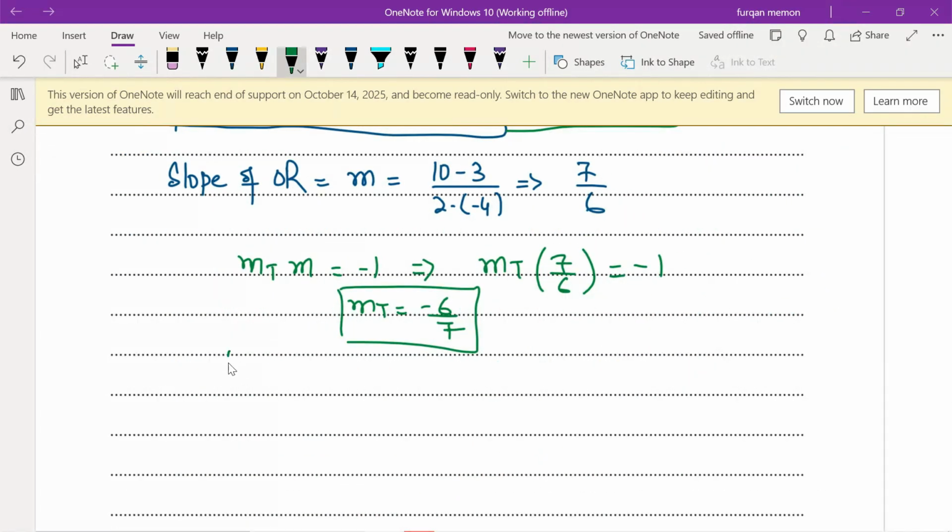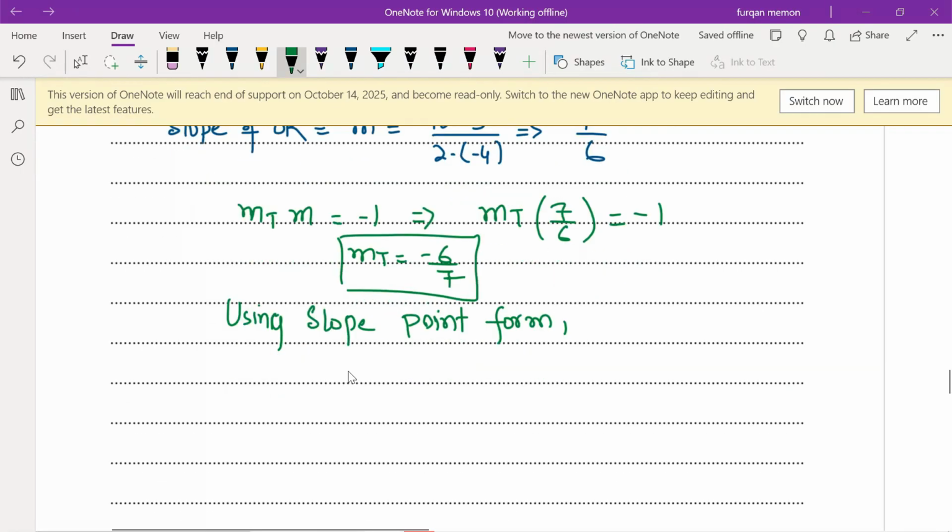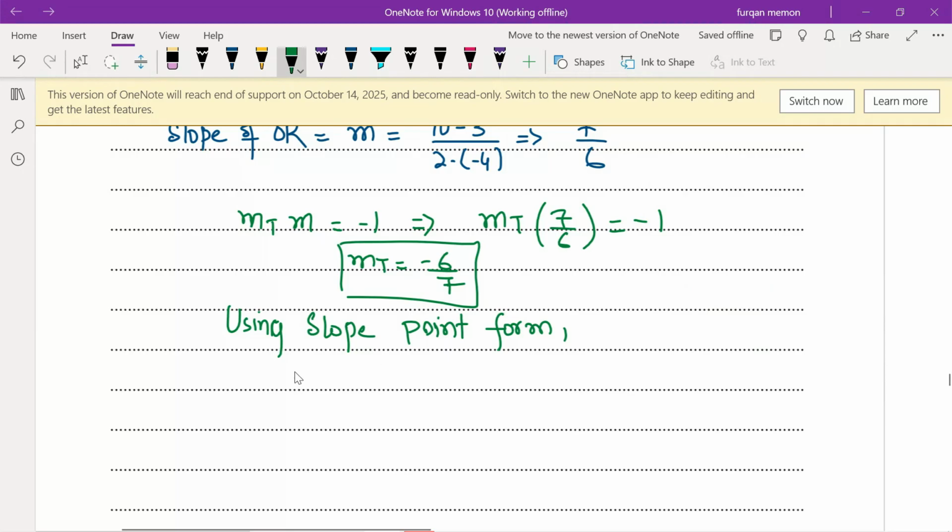Using slope point form. The slope point form is y minus y1 is equal to mt, the slope of the tangent, times x minus x1.